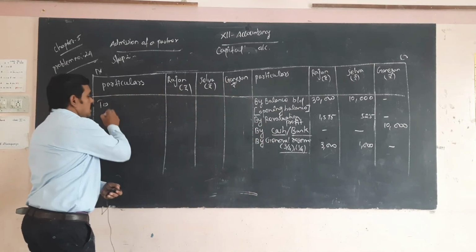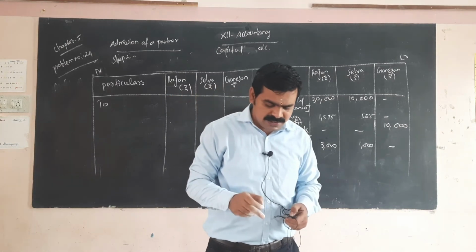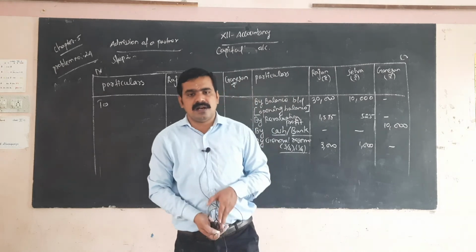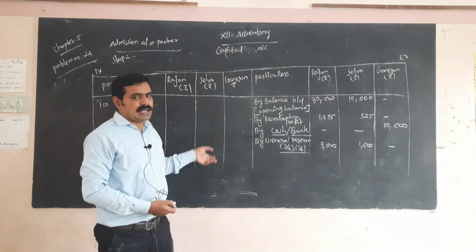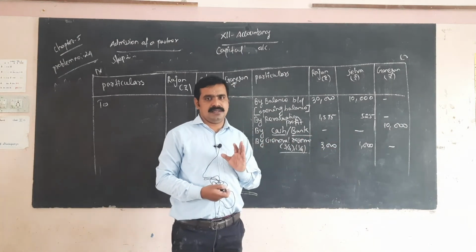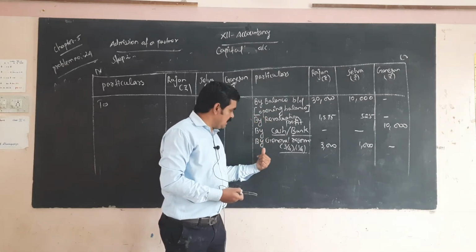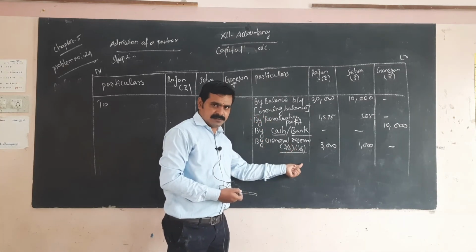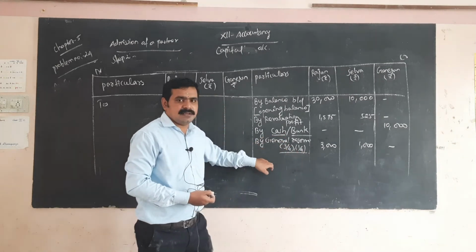Profit and loss account also comes under the asset side. Asset side means that amount comes under the debit side. Liability side means that amount comes under the credit side. While calculating this capital account, this general reserve comes under the liability side, so that amount goes on the credit side.